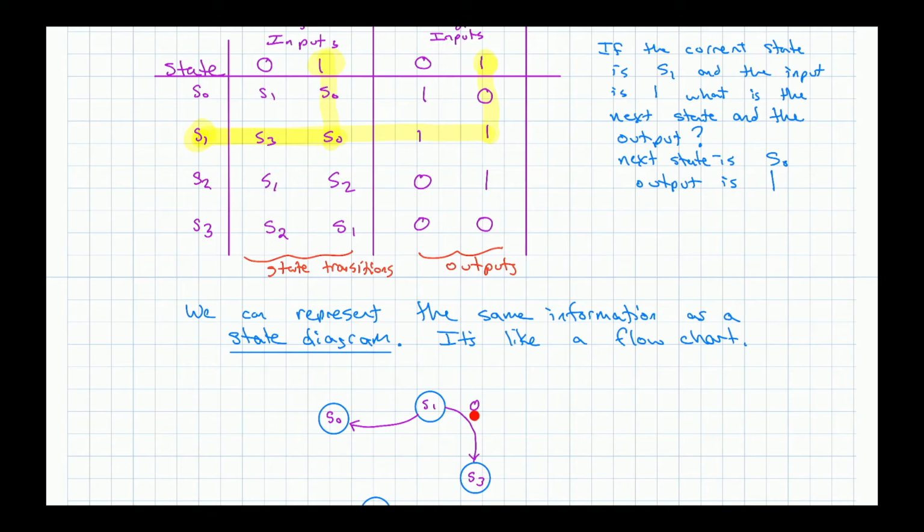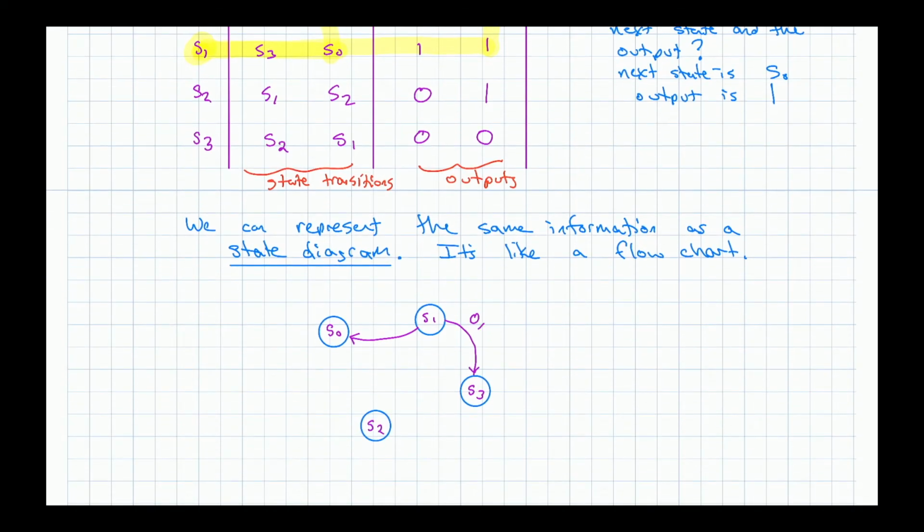That's the input. But where are we going to label the output? Because if you have S1 and 0, you go to S3, but you also have an output of 1. So where do you put that? The way they do it is they label it like this. The first one is the input for the transition, and the second one is the output.